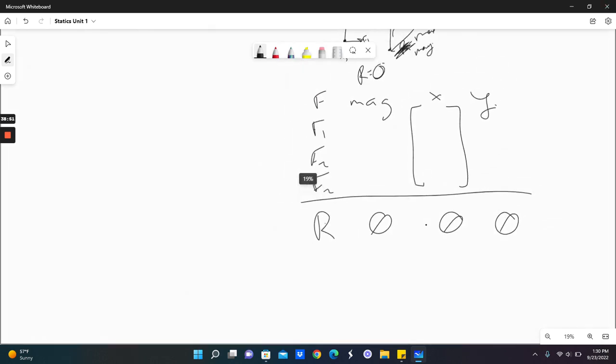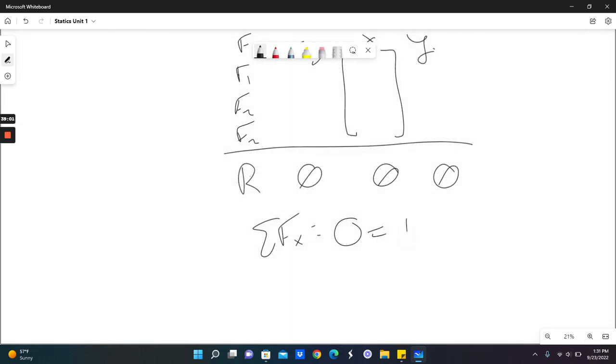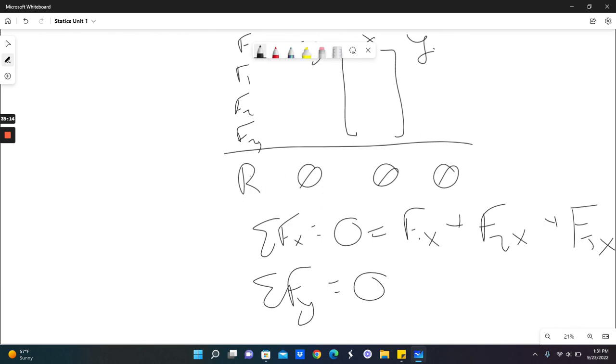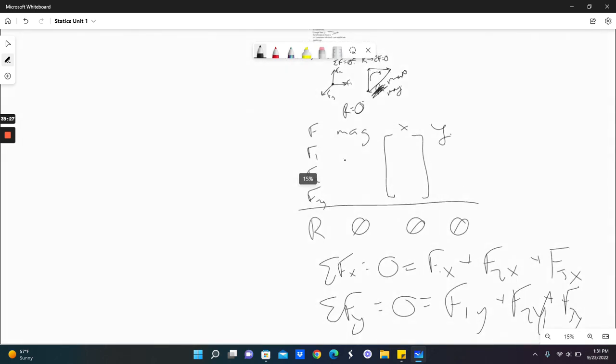One is that the sum of the forces in X equals 0, equals F1X plus F2X plus F3X, and the summation of forces in Y equals 0, equals F1Y plus F2Y plus F3Y.